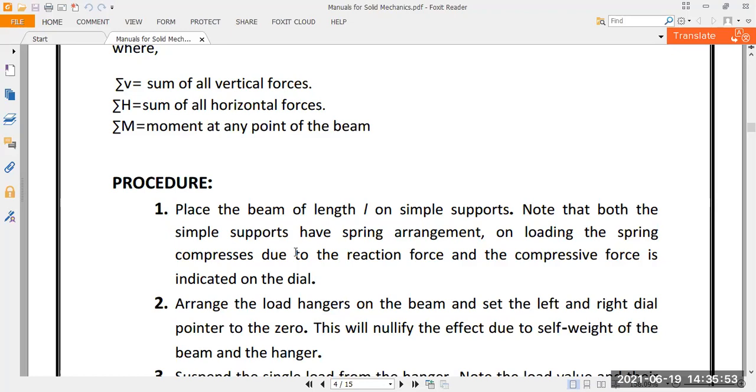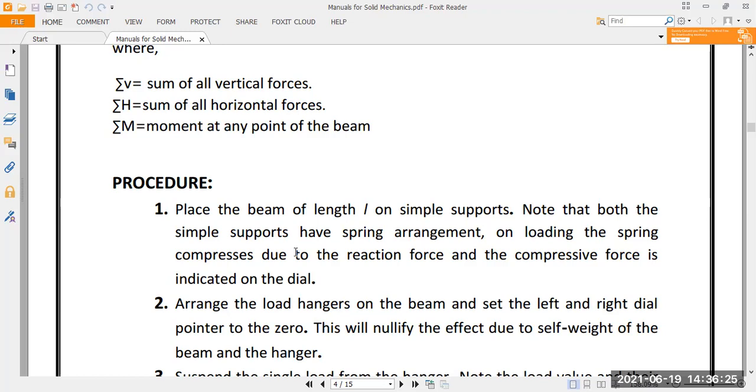It can so happen that the full length of the platform is covered by the supported beam, and it is hanging between the end of the platform of one weighing machine to the end of the platform of the other weighing machine.